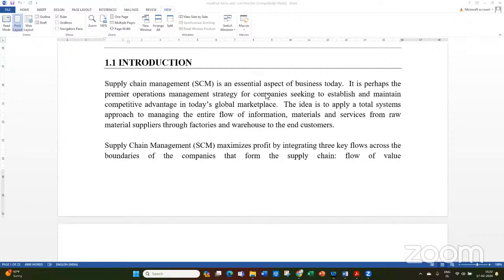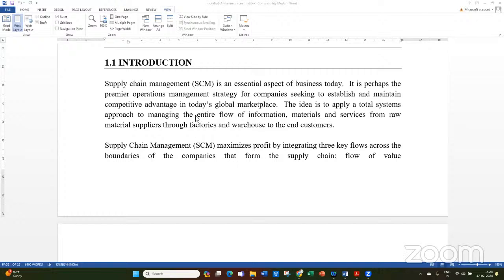The moment you talk about supply chain management, it is the established linkage for the smooth flow of material and financial flow. All flows should be integrated, and you have to see how the product is going to be transported to the customer without any disturbance. Smooth flow has to be ensured.